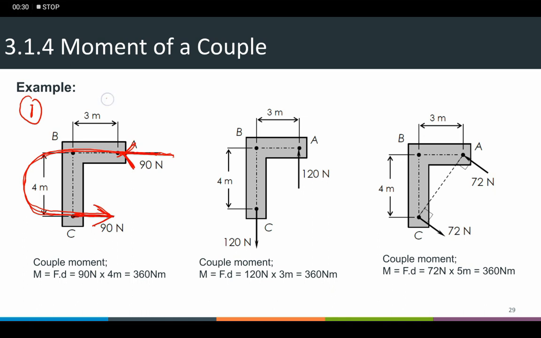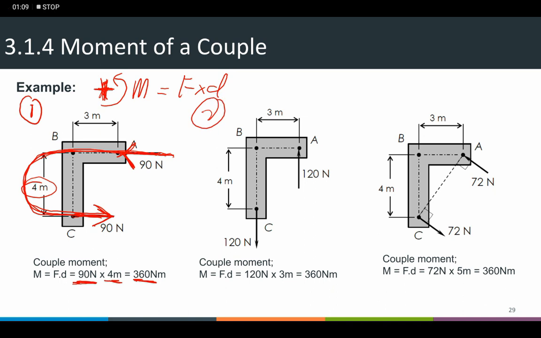You know counterclockwise moment equals F multiplied by d. So, counterclockwise moment is always positive. A to C is counterclockwise, so positive 90 Newton multiplied by this distance 4 meter equals 360 Newton meter.